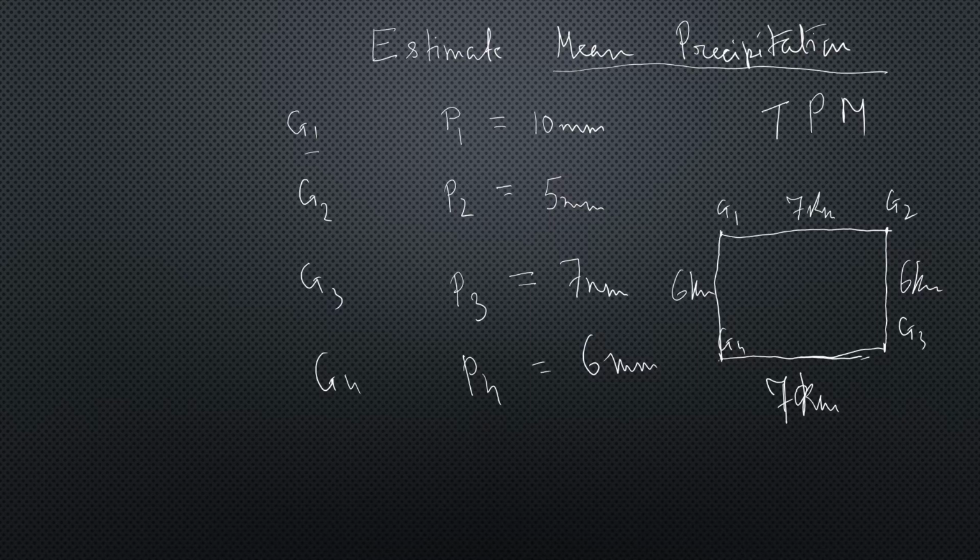So what we do is, we take a central point and draw a perpendicular bisector upon each of the interconnected lines. That means from the center point C, we will draw a perpendicular bisector upon the interconnected line G1, G2. Similarly, a perpendicular bisector is drawn upon G2, G3, then G3, G4, then G1, G4.